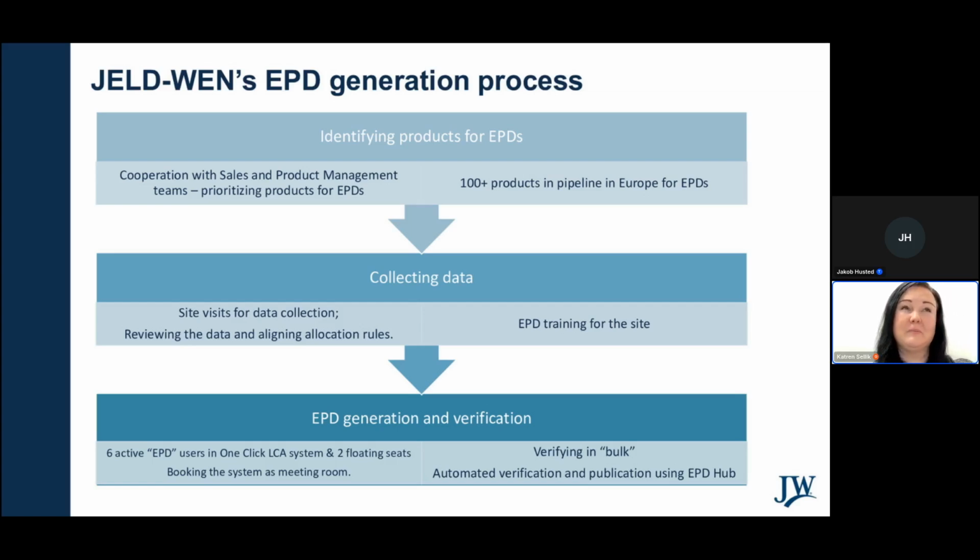I think we have had 2 different verifiers, but a lot of EPDs are verified by the same verifier. So it's really convenient that the verifier already knows our processes and knows our products more or less. It makes the process a lot easier, and I think reduces the number of questions we get, because some things are already settled.